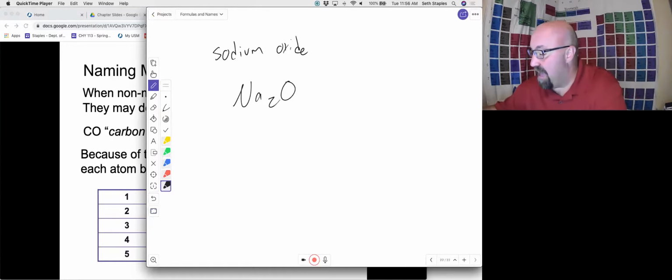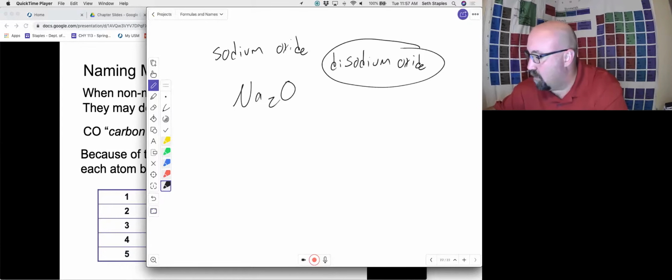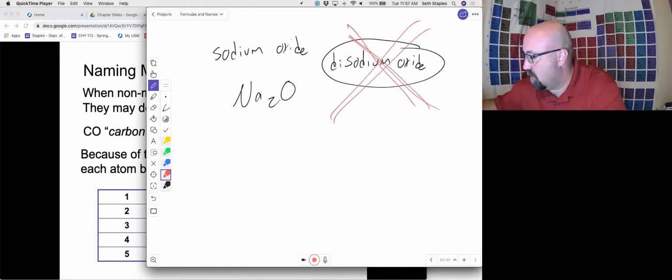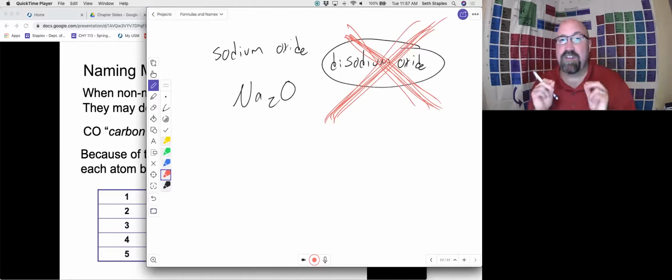This is absolutely sodium oxide. I hesitate to even write this, but I'm going to do this and hopefully make it very clear. This is wrong. Do not write disodium oxide. Do not include these prefixes if it is an ionic compound.